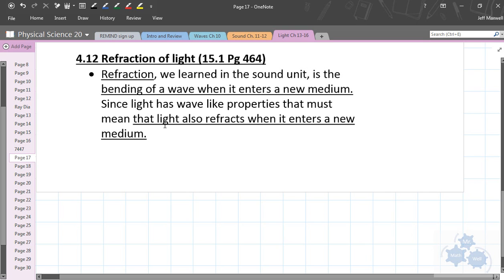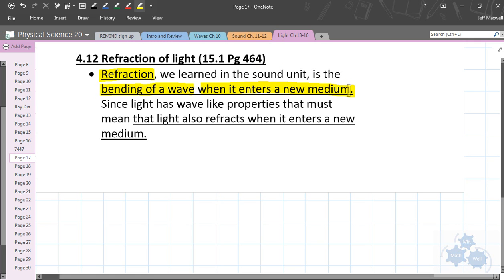All right, chapter 15 talks about refraction of light. We've learned about refraction already in physical science, and refraction is the bending of a wave when it enters a new medium. So if we're talking about a sound wave, if it enters a new medium, that sound wave is altered.